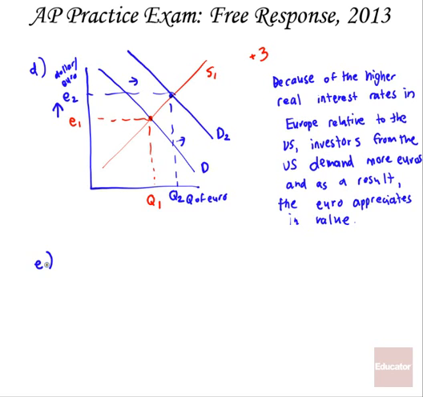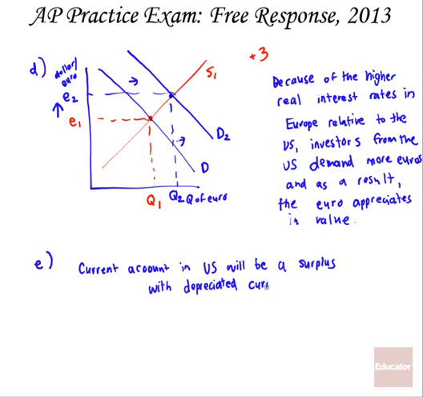But they're asking for the United States, and so the current account in the US will be a surplus because you have a depreciated currency. Again, if they're asking for the Eurozone, then you're going to have a current account deficit.